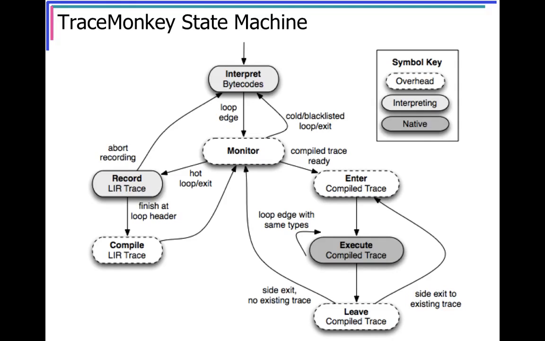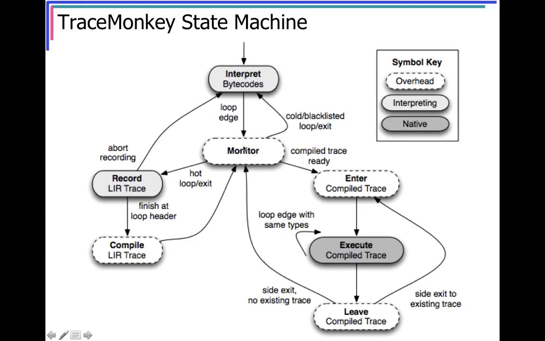This is introducing overhead, and therefore this circle around monitor shows in the symbol key that we're introducing overhead for profiling. Once we figure out that the loop is hot, we're going to record the trace. This recording of the trace is going to generate an intermediate representation of the trace called LIR, or low-level intermediate representation. Once we record that trace and we reach the loop header, we're going to compile that trace into x86.